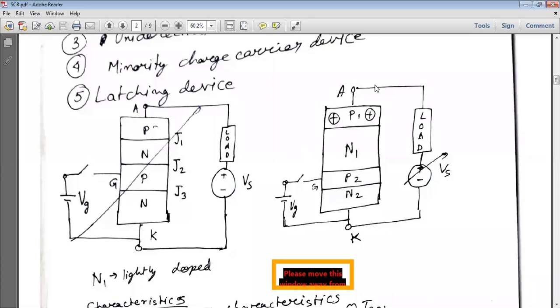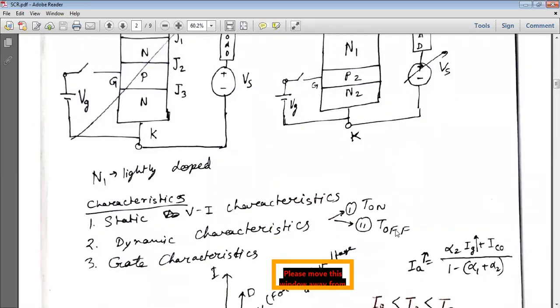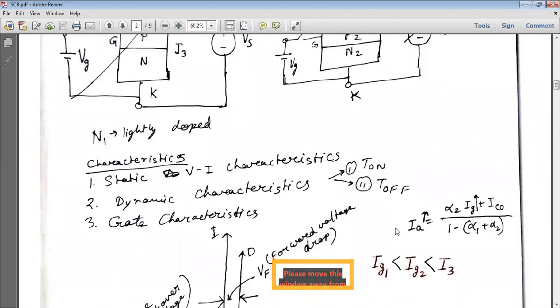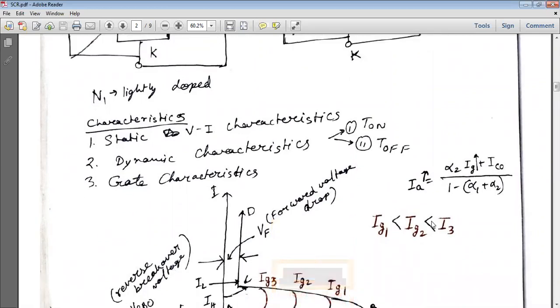Now the load and the source are connected between anode and cathode. Its characteristics we will discuss, and how the SCR works we will slowly discuss.